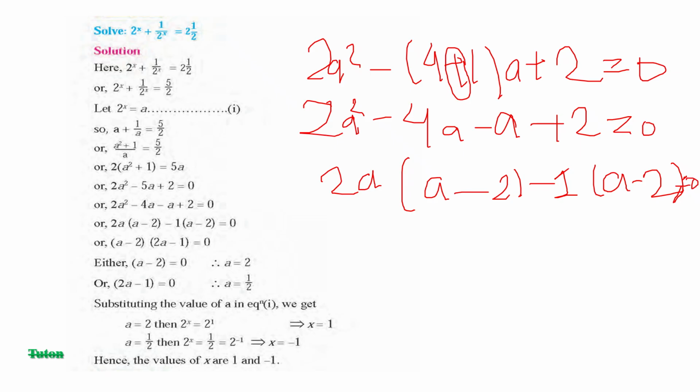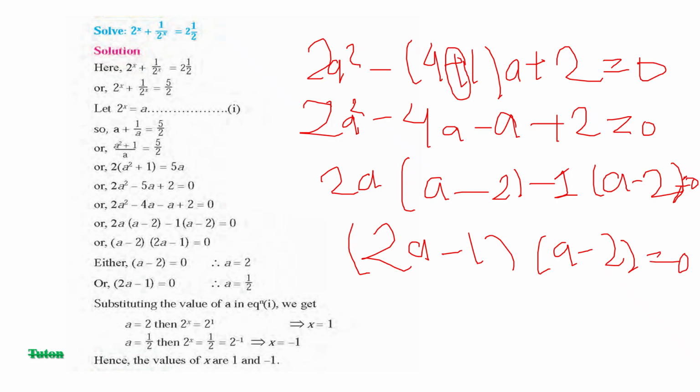Finally we have factorized the quadratic equation as 2a minus 1 multiplied by a minus 2 is equal to 0. Now we have got our two equations as indicated by this step and this one. Here we have got the value for a equal to 2 and a equal to 1 by 2.